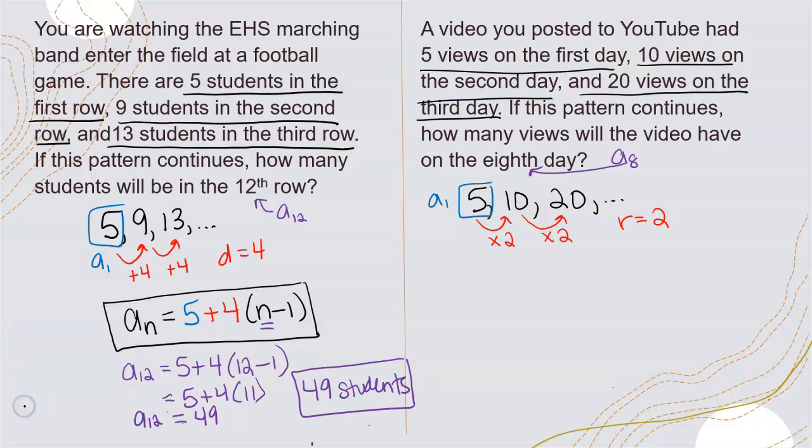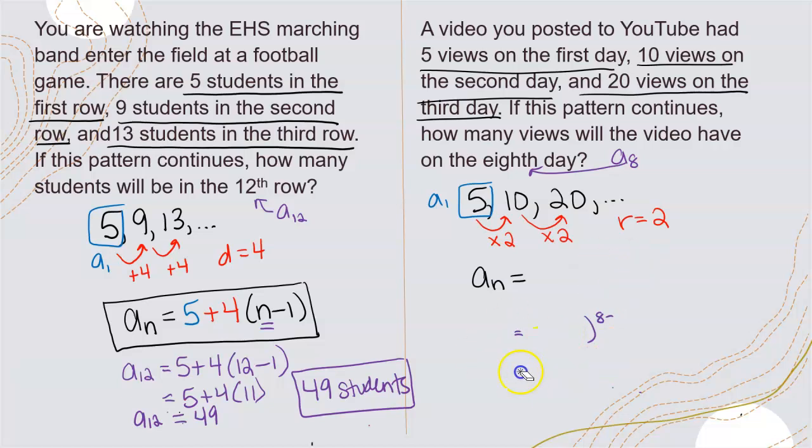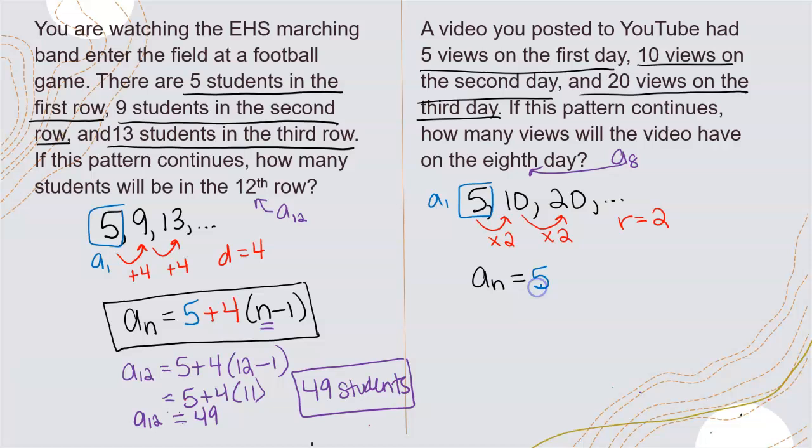So for my explicit formula, A sub n is going to equal my A1, which is 5, and then times 2, my r, to the n minus 1.